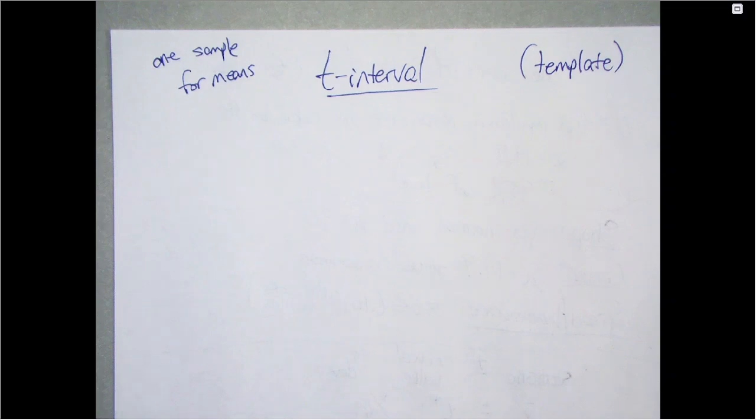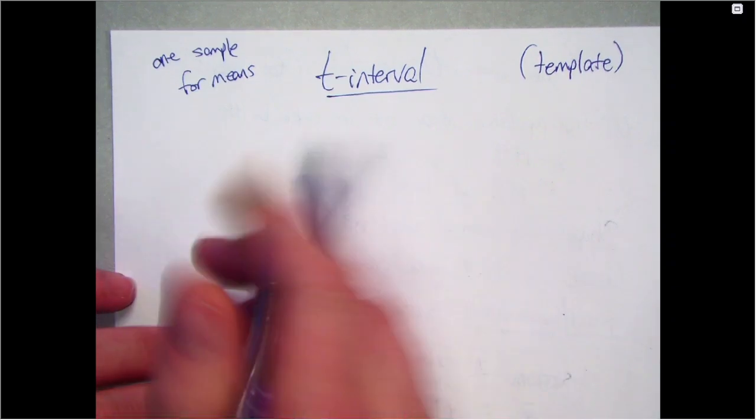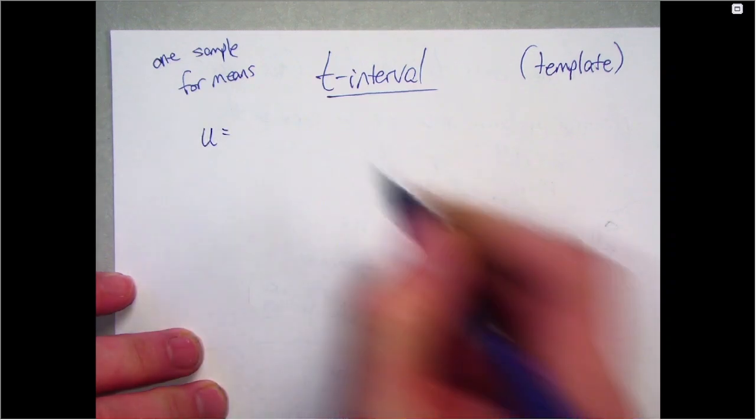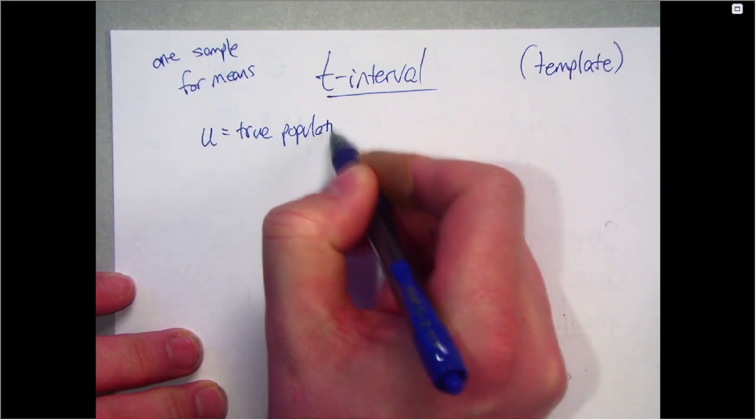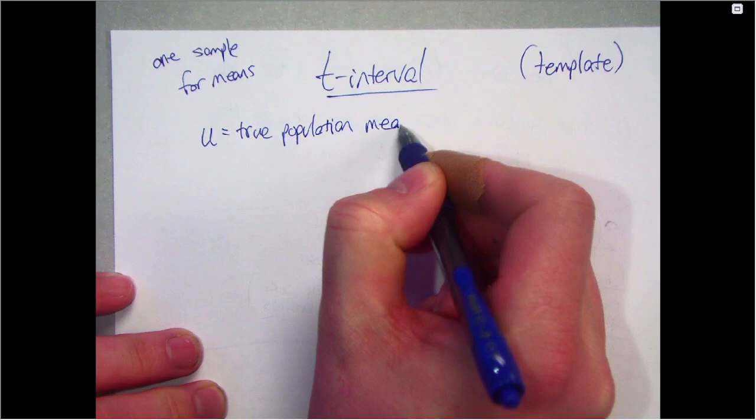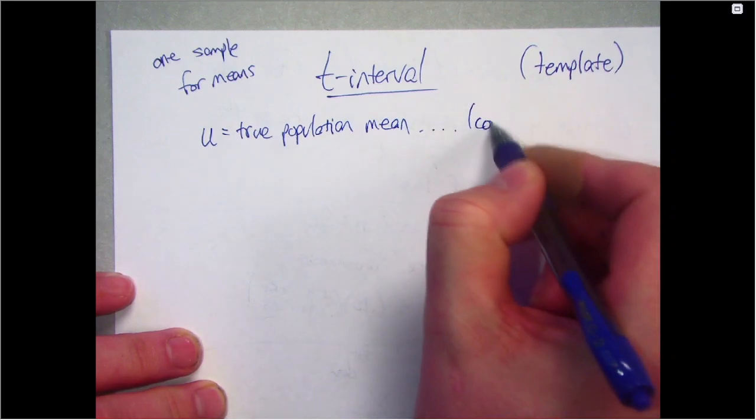It's BRT, right? Alright. So you start off by identifying what you're working with. So mu is the true population mean of whatever your context is.